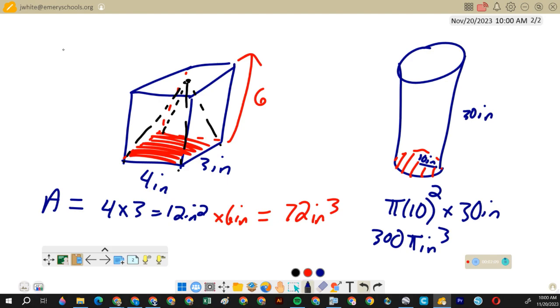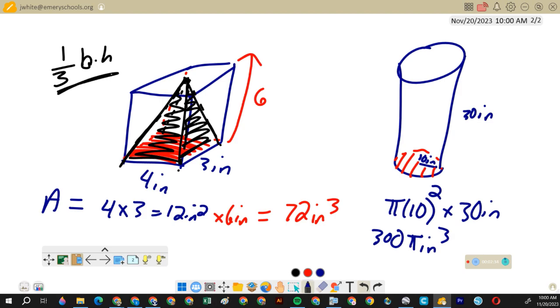It's 1/3 base times height. So this pyramid that rests inside here is exactly 1/3 as big as the volume of the entire figure. Okay, so 1/3 base times height.